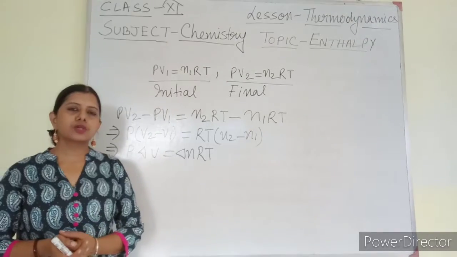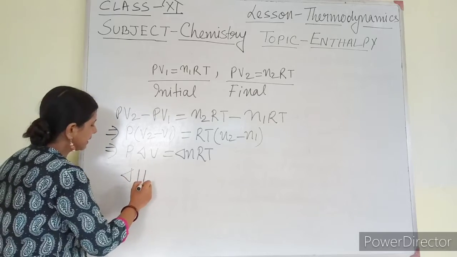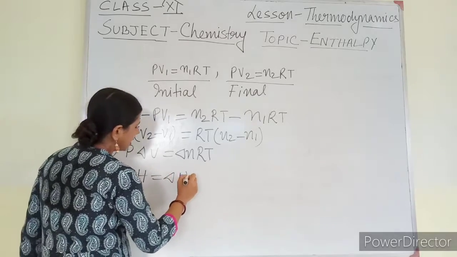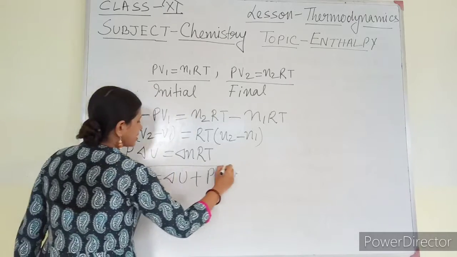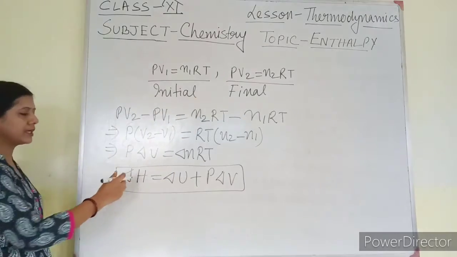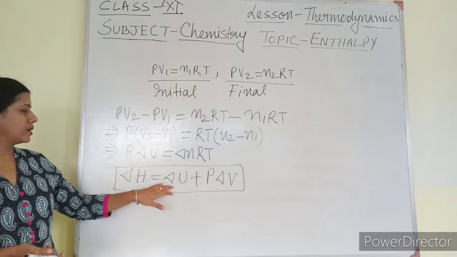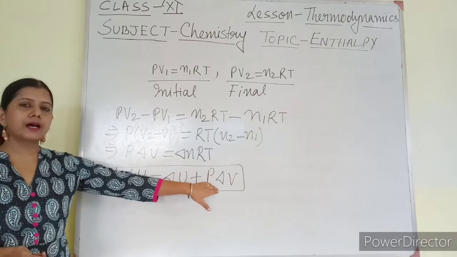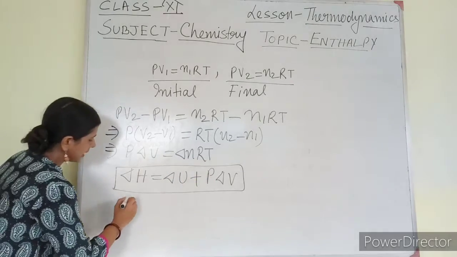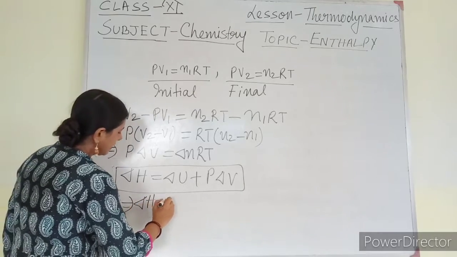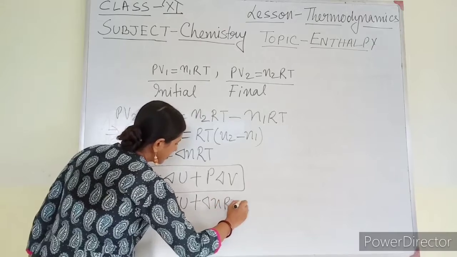What was my equation for enthalpy change? The equation was delta H equal to delta U plus P delta V, which I got just before. So in this equation I can write P delta V equal to delta nRT. So this can be written as delta H equal to delta U plus delta nRT.